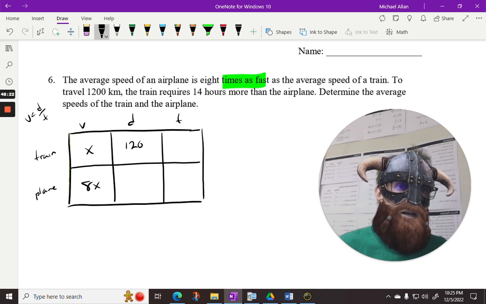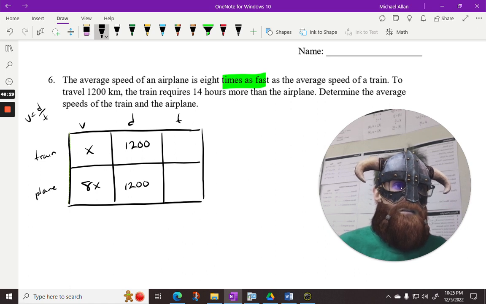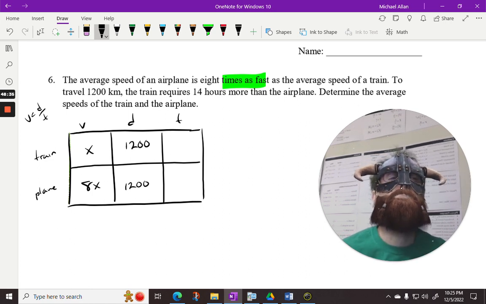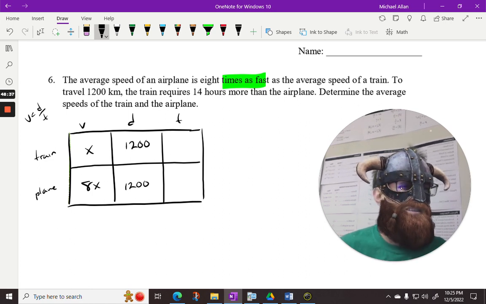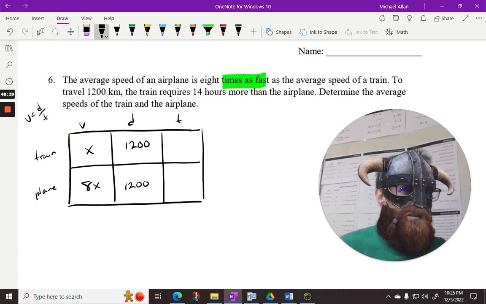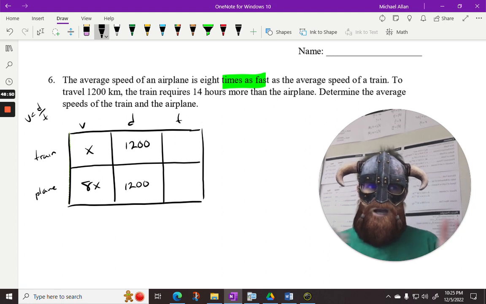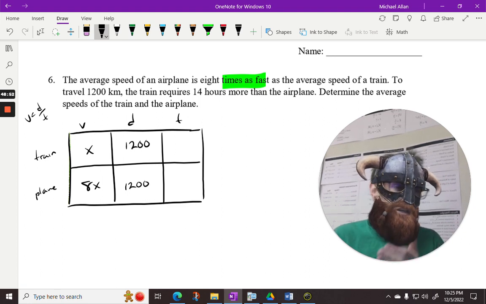I know they're both traveling 1,200 kilometers here, but the train requires 14 more hours than the airplane. So it's going to be maybe a subtraction question. It's not like you're adding them to get 14, but one's more than the other. So if you minus the two numbers, you should get 14.